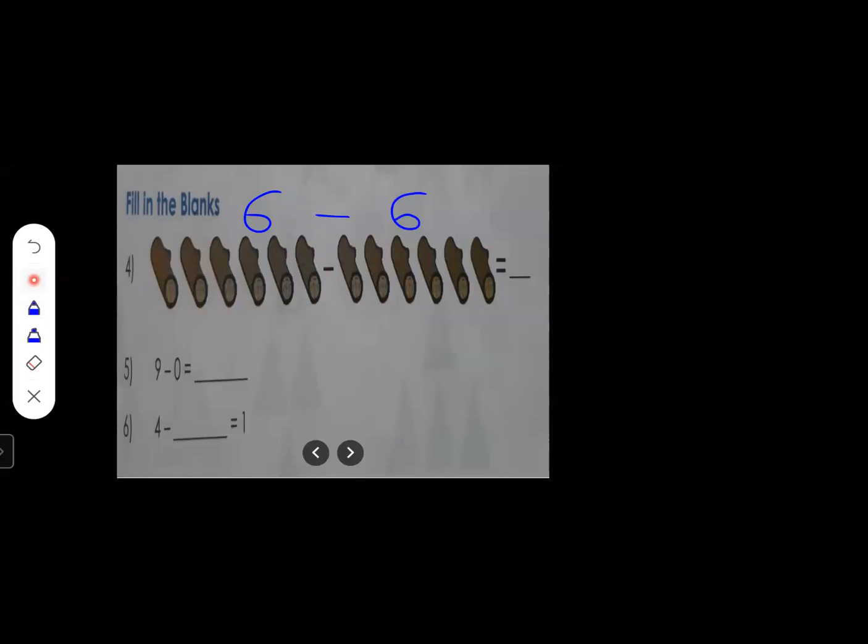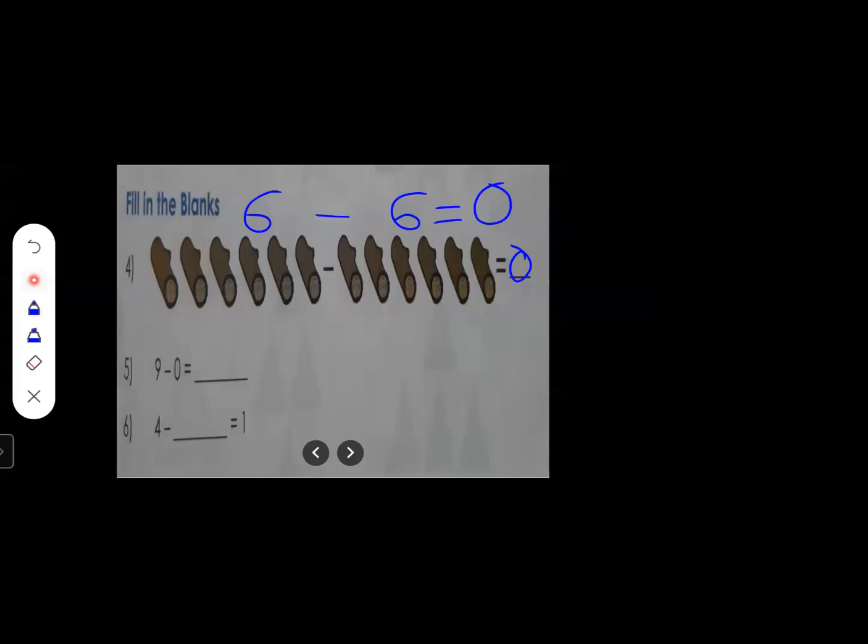Very good. How many fingers are left with you now? Do you see any finger? No, nothing. So 6 minus 6 is 0. So here we are going to write 0.